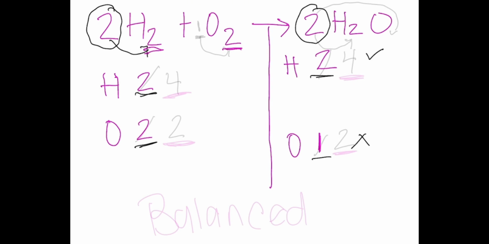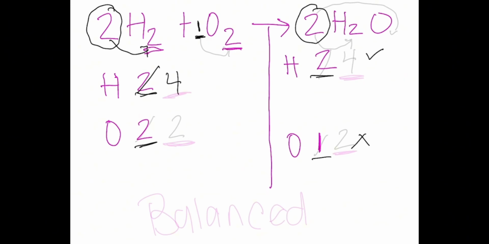So here, for instance, let's use this for an example. We have the coefficient 2, but when we multiply 2 times the subscript 2, we now have 4 hydrogens on the reactant side. Now, we've also learned that when there is no coefficient, we know that it is 1.